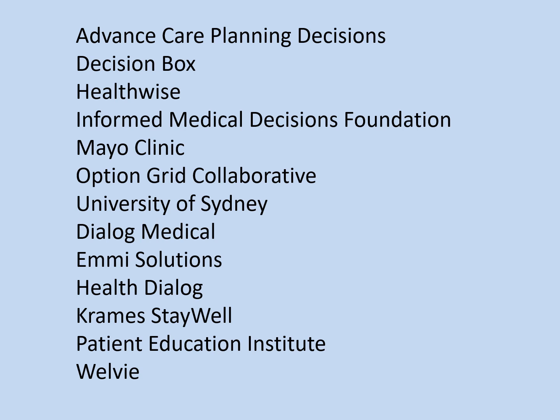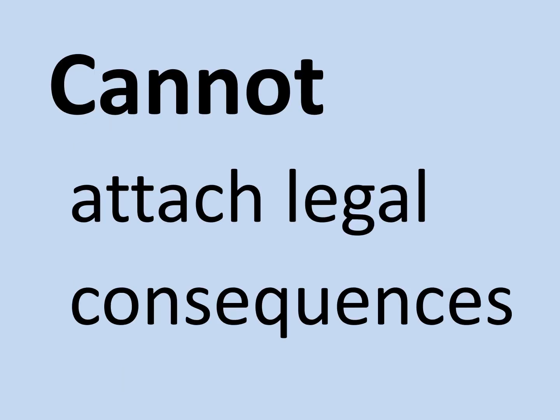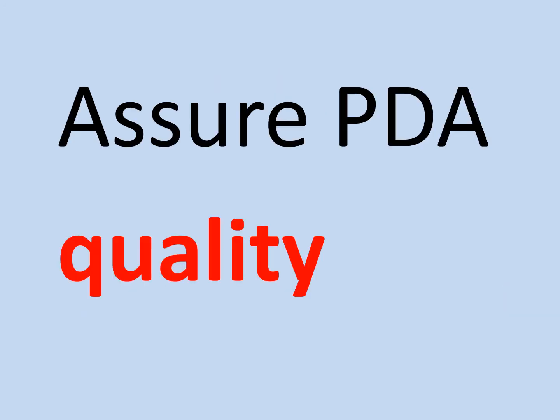Well, here's the problem. We can't really attach legal consequences, whether a liability penalty, a liability benefit, or otherwise, to use or non-use of a decision aid unless we're confident that the decision aid is good and it is worthy of having an impact, a legally significant impact. So we need to assure PDA quality before we attach legal consequences to use or non-use. The way to ensure PDA quality is through certification, right?